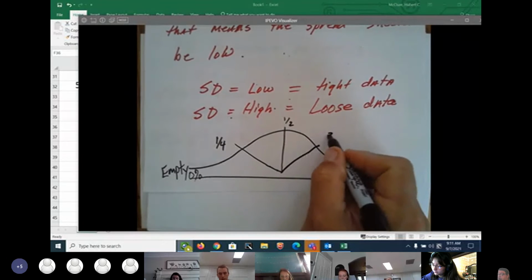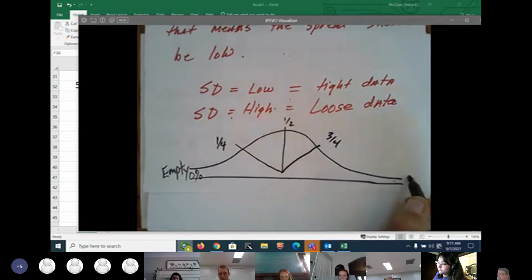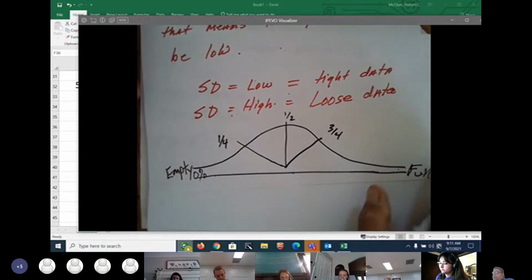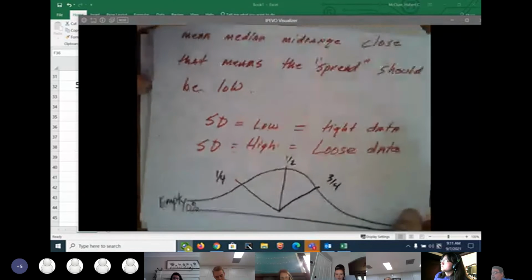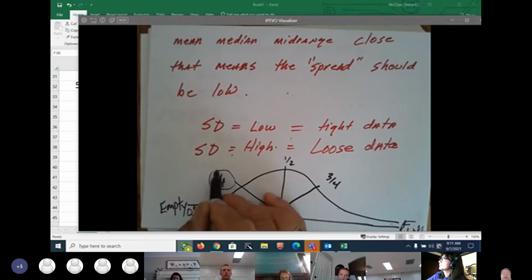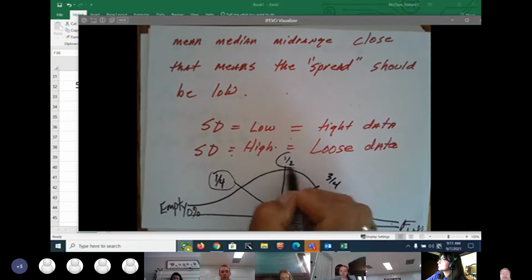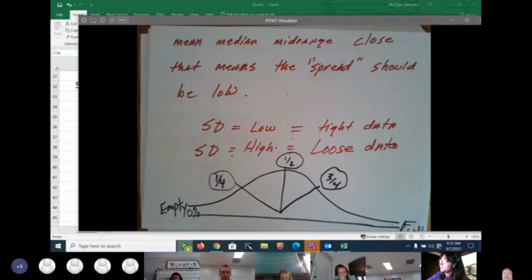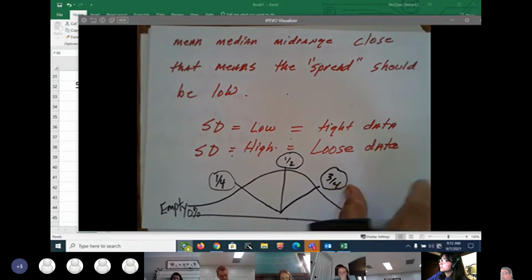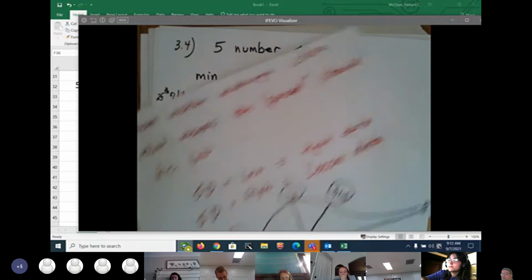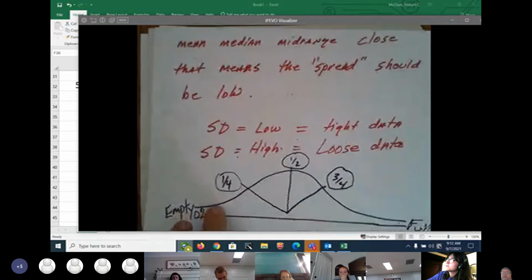This right here is 3/4. And this right here is full. So they're asking you, what numbers represent the first quartile, the second quartile, and the third quartile. I bet that's the first time a teacher told you to look at a gas tank.